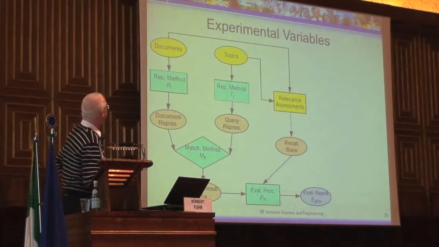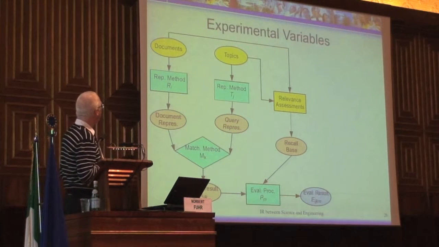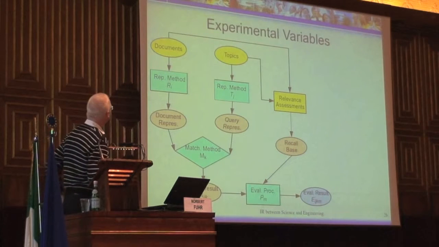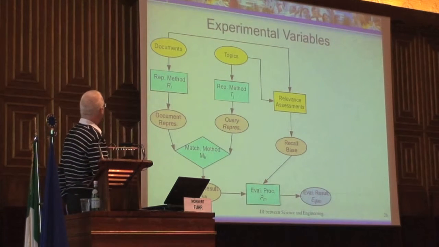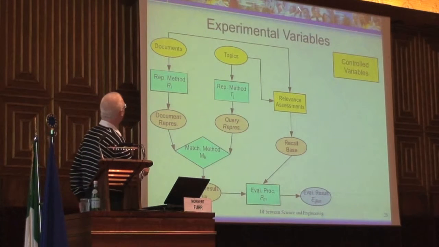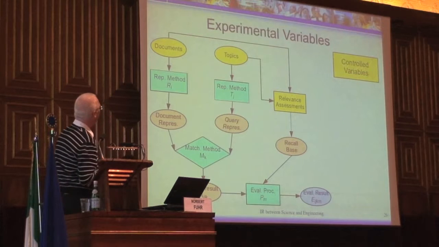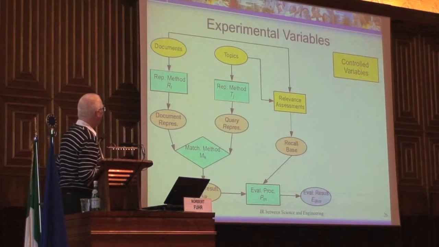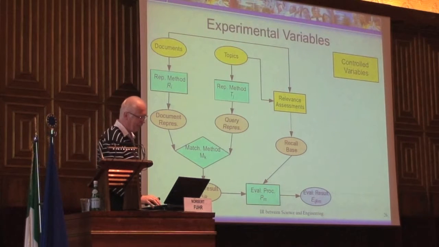So for that, let's look at the experimental variables of the more system-oriented approach. So we have here again the same picture. We have the controlled variables: the documents, the topics, and the relevance assessments. These are given.